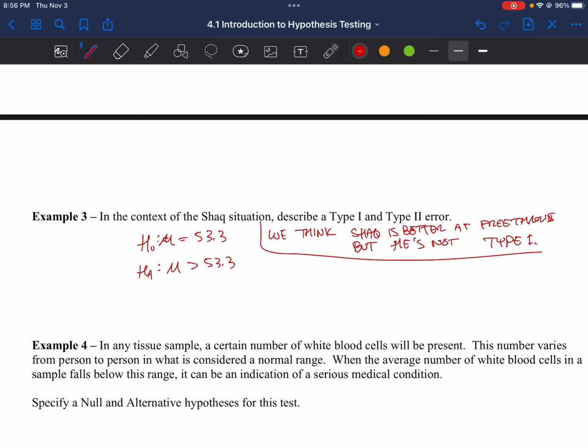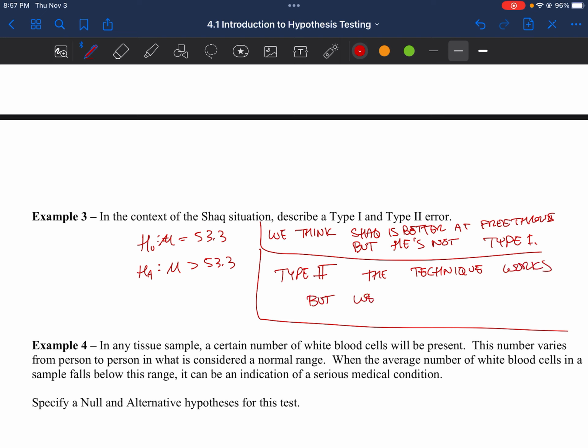If we were doing a type 2 error, what are we talking about? In this case, we're saying that, you know what? This technique to improve his free throws, this technique works, but we don't believe it.